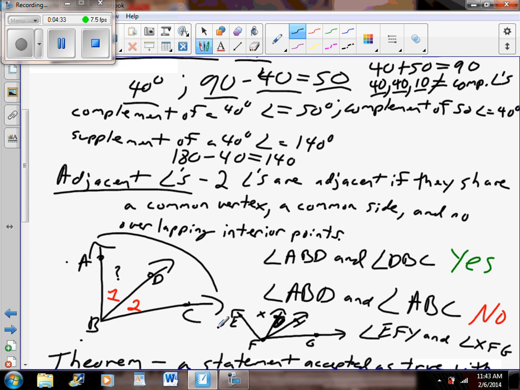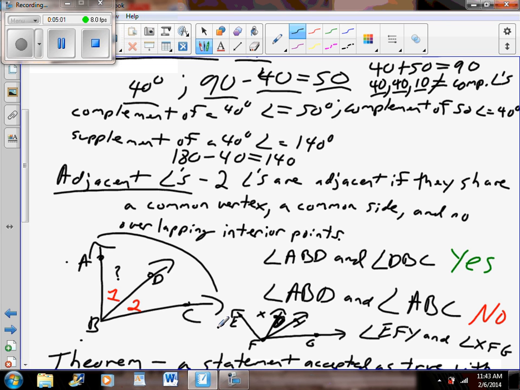Sometimes remember, angles can be named by numbers, and when that's the case, you'll see a number written in between the two rays indicating that, for example, angle ABD here, I can call angle 1. Or instead of referring to this angle as angle DBC, I can refer to it as angle 2. A little bit easier. Sometimes you'll see that just for convenience sake in the textbook, they'll use the names of angles as numbers instead of letters.